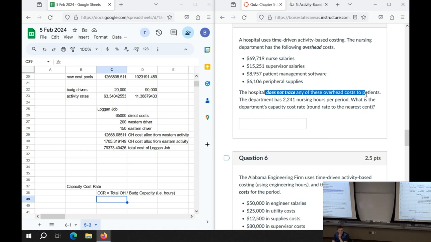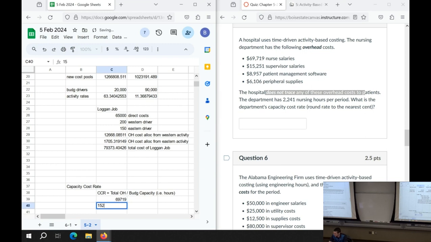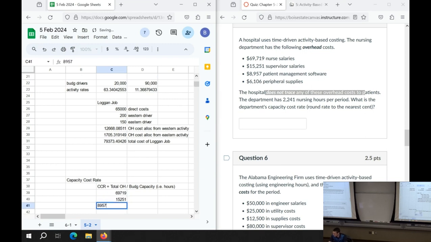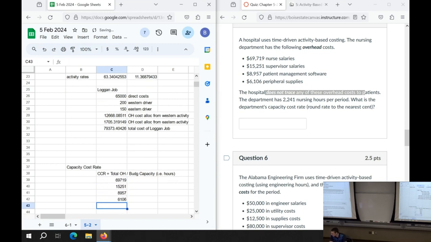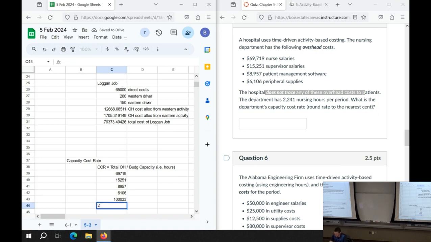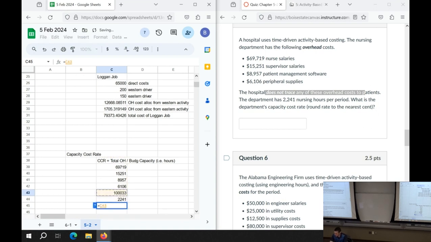Yeah, what's up, Chase? You would sum, yep, exactly. You would sum all 4 of those. So 69719, 15251, 8957, 6106, and sum them, or sum them if you want. Sum those, and we have 2241, and then divide, just like it says. This is total overhead.